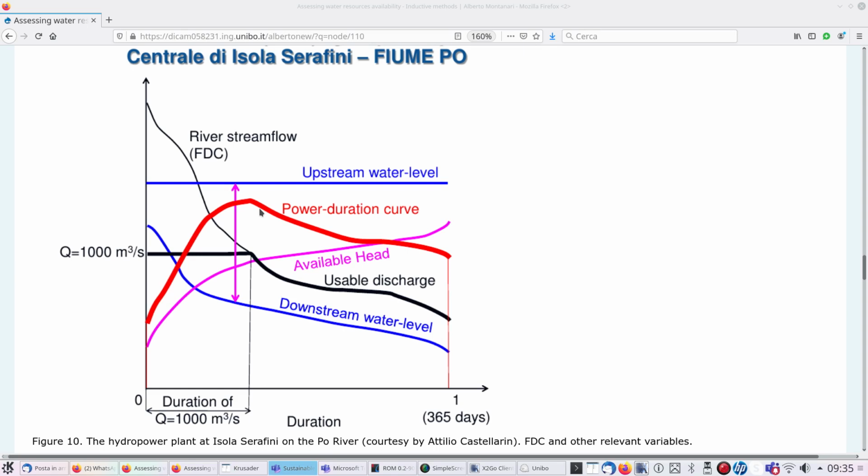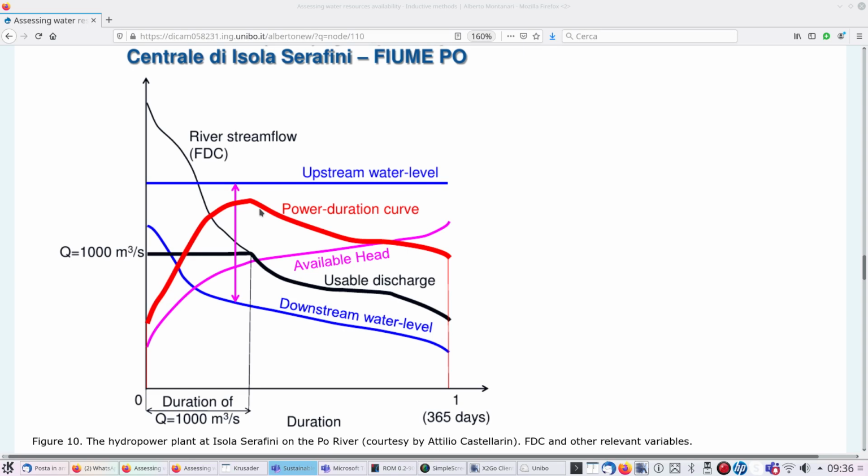Given that it's a linear relationship, the energy is linearly proportional to flow and head. If you have a flow that is decreasing much more than the head is increasing, you get a decrease in power. But if the available head increases more than the flow duration curve is decreasing, you may still get an increase in power beyond the duration of 1000 cubic meters per second.